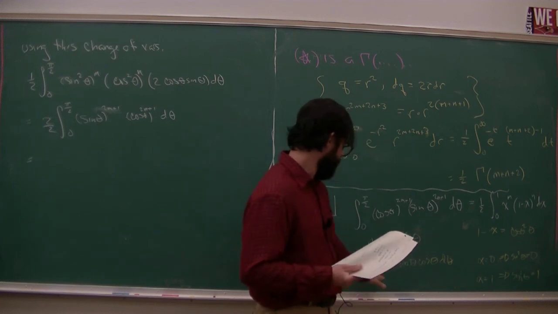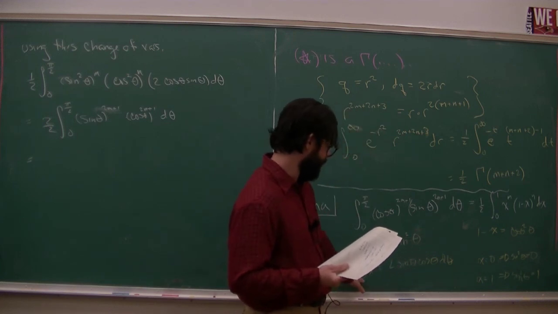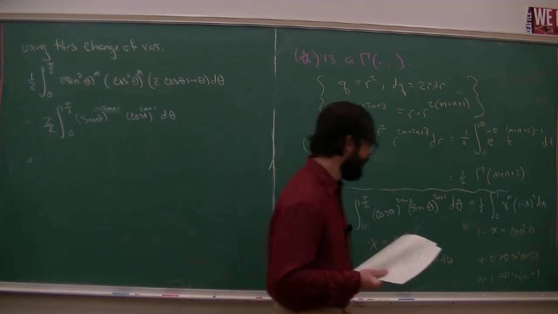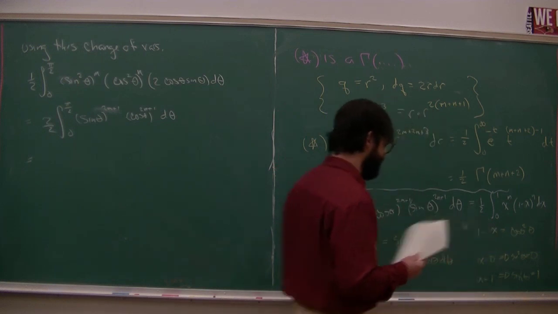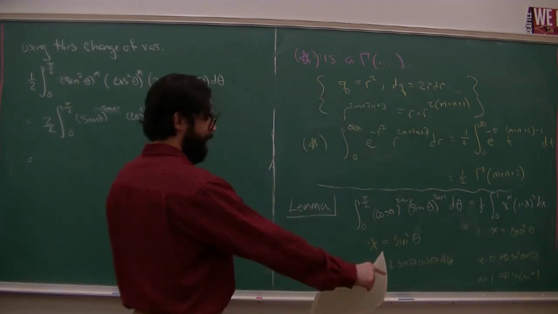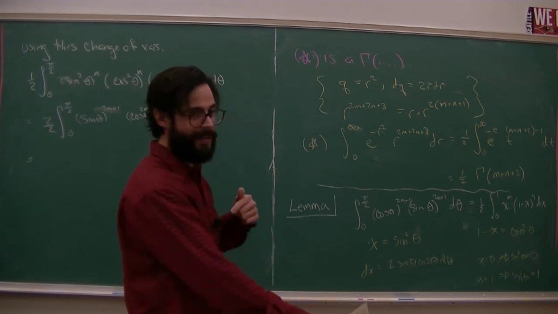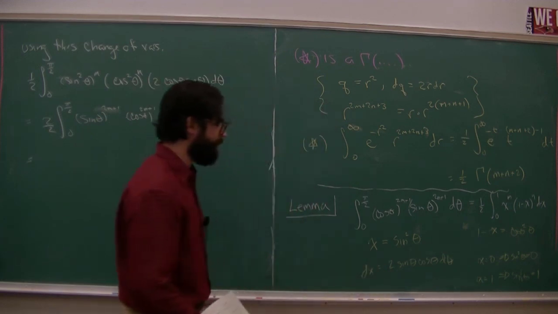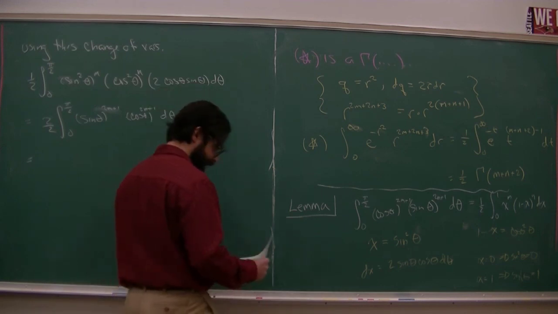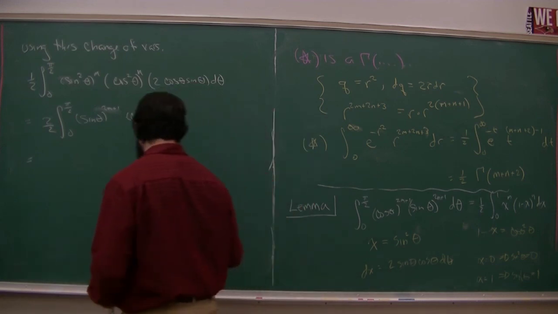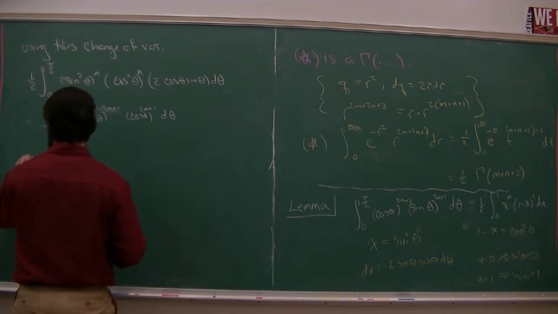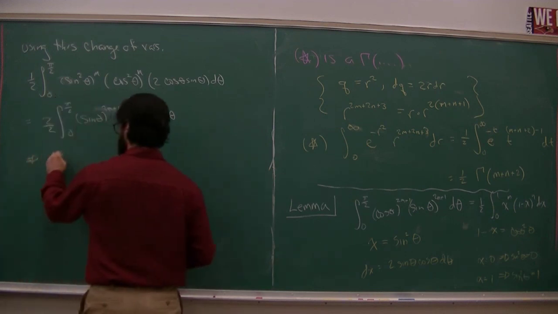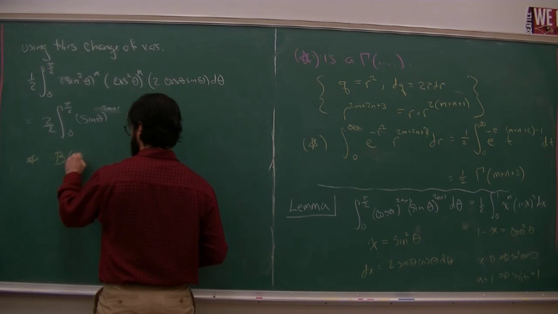You would get the same dx, right? The derivative of cosine squared gives the same thing. You would get the same limits, 0 and 1, just flipped. Get a minus sign there, get a minus sign there. It's kind of a subtle observation, but it's true. And it turns out that if you follow that line of reasoning, you've actually just shown along the way that the beta function is symmetric in its indices.